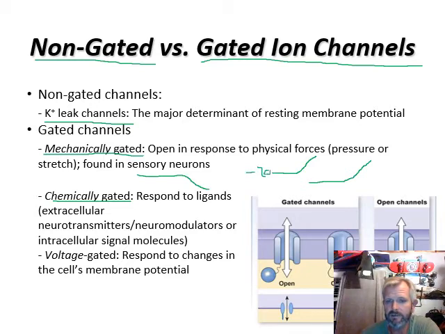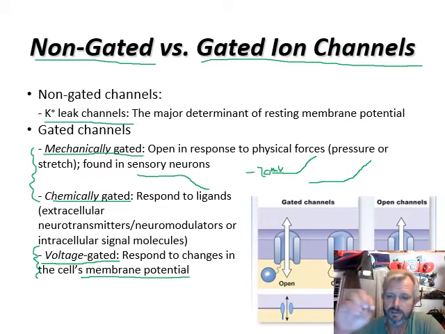Right, this is -70 millivolts. We can move this membrane potential either more positive or more negative by changing the permeability to these ions by opening up another set of channels. Okay, we'll also see voltage gated channels that respond to changes in the membrane potential. These voltage gated channels are what's going to be the main player in allowing our action potential to take place.